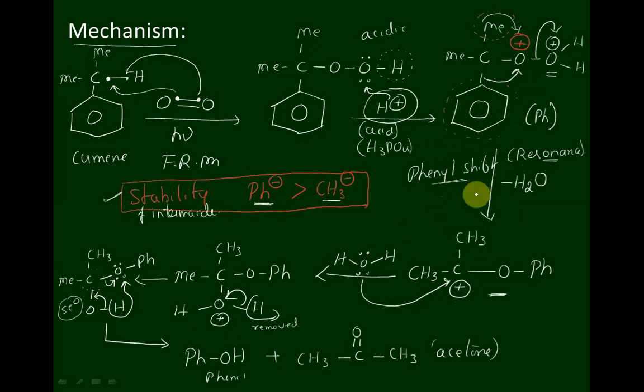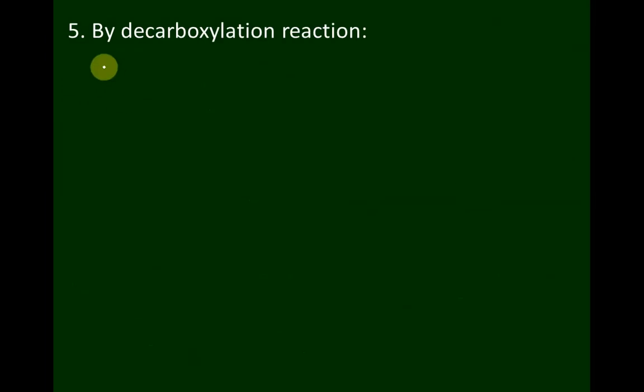Please note it down. The last method of preparation of phenol is the decarboxylation reaction. The process of removal of the COOH group from an organic molecule is called a decarboxylation reaction.